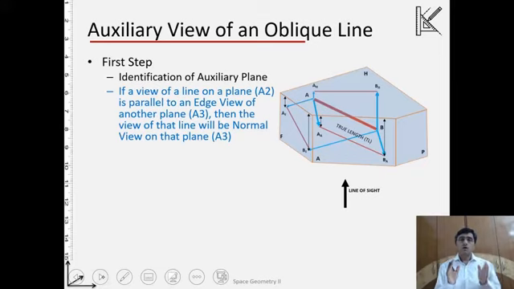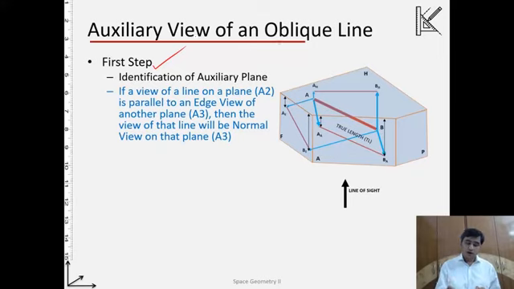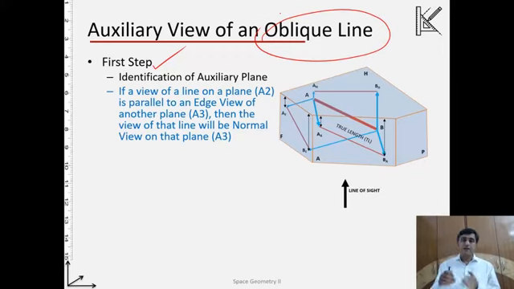Now, what are the steps? If I repeat, very first step is for the auxiliary view, and I'm writing here auxiliary line. It can be also for an auxiliary, an oblique plane if I want to generate the normal view of a plane. So here it is an oblique line, an oblique plane.